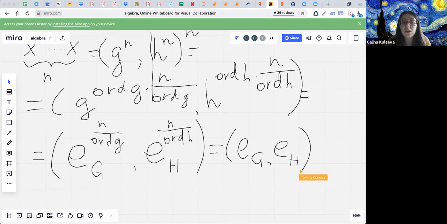No questions. So we see that the order of our element X is less than or equal to n.